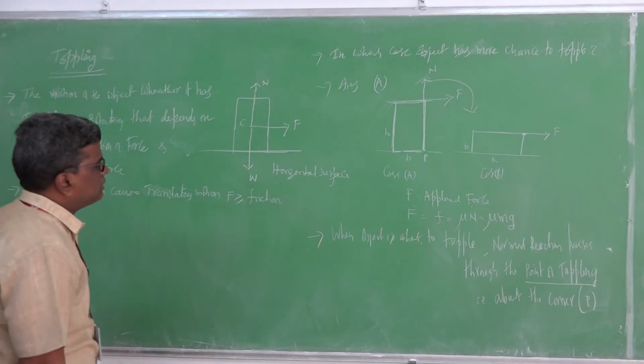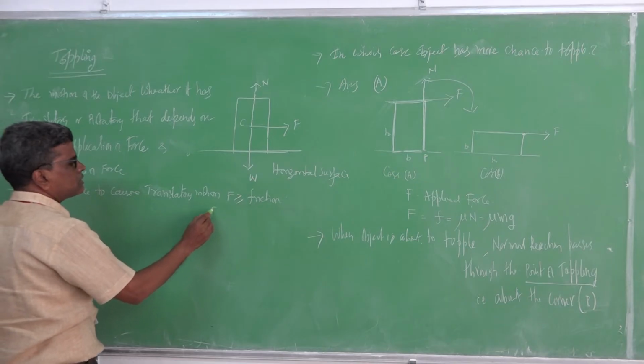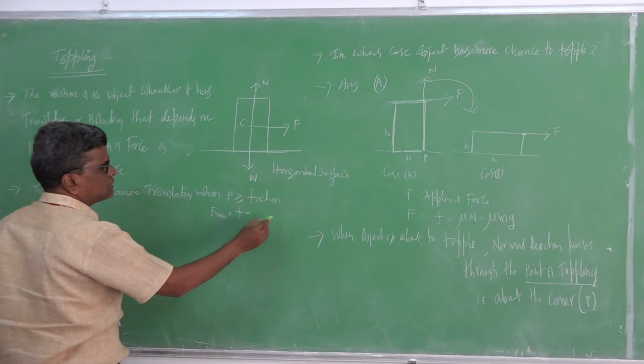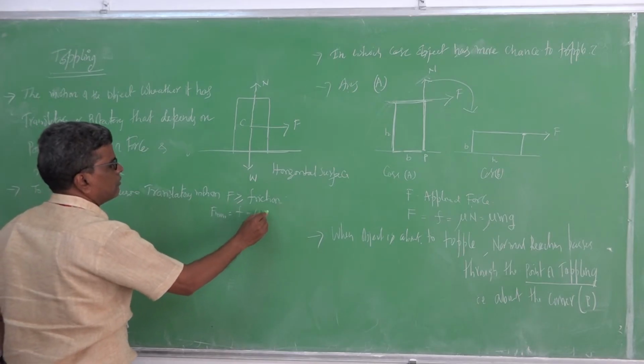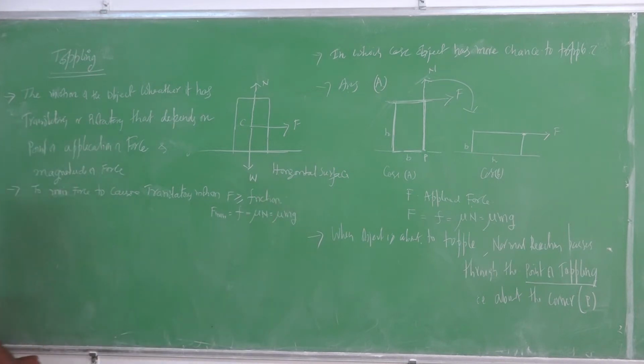Otherwise the object cannot slide. So the minimum force is equal to the frictional force, that is mu N, which equals mu mg, where m is the mass of this object.